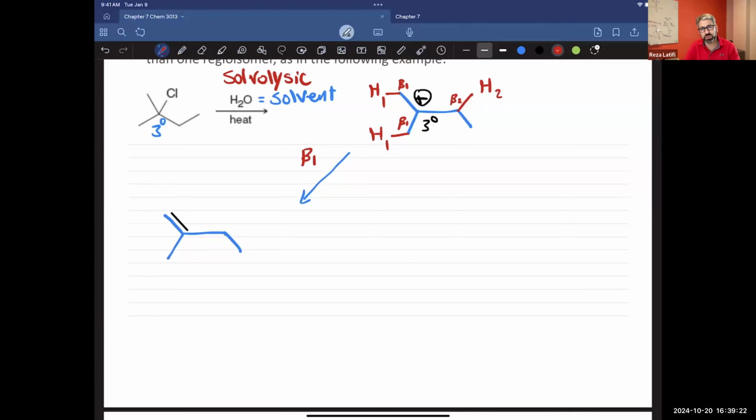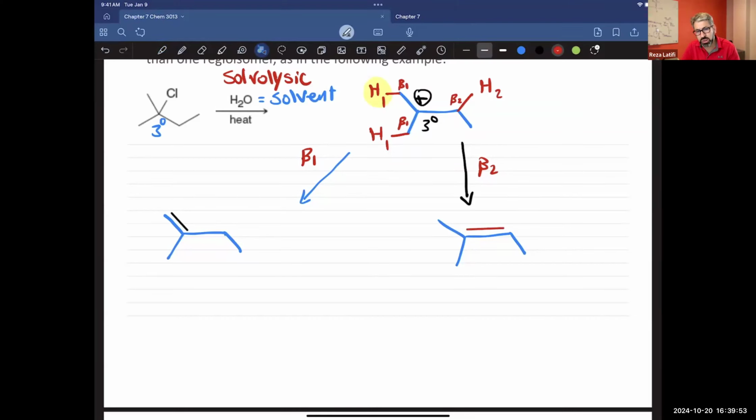So we removed one of the hydrogens, and we have two of them. Let's say we went after this hydrogen and we got such a product. Or we can go after the second hydrogen, beta 2, and in this case, the product we get will be like this. So we will have a double bond there.